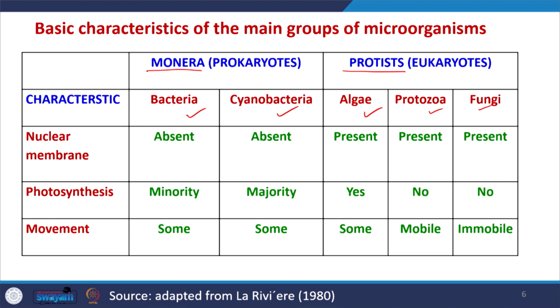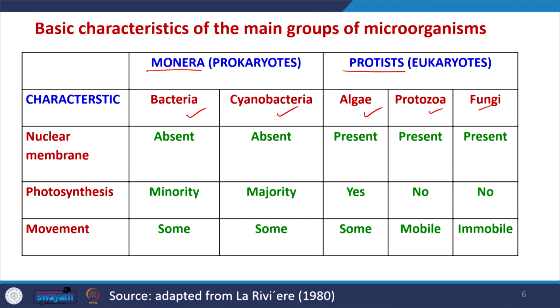Now, these microorganisms have different characteristics, and this is highlighted here. Nuclear membrane is absent in the Monera, but it is present in the protists. Similarly, photosynthesis happens in some of the microorganisms and does not happen in others.